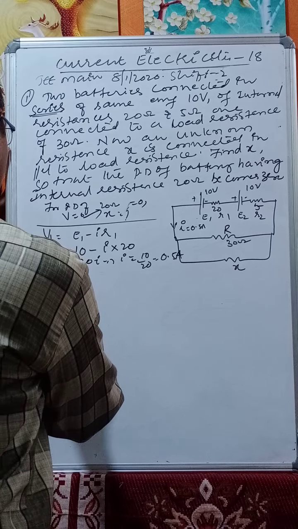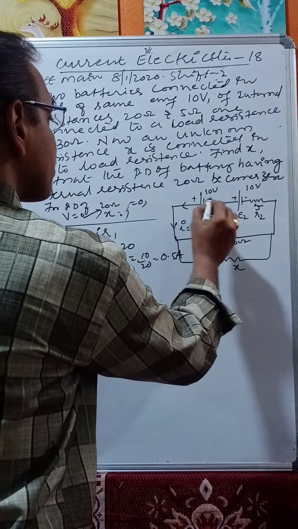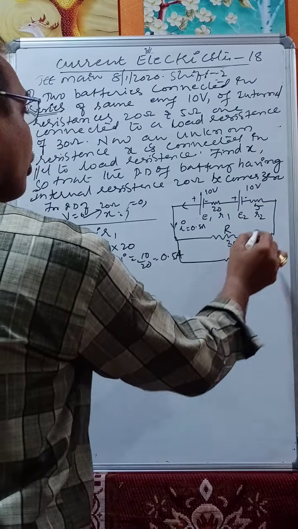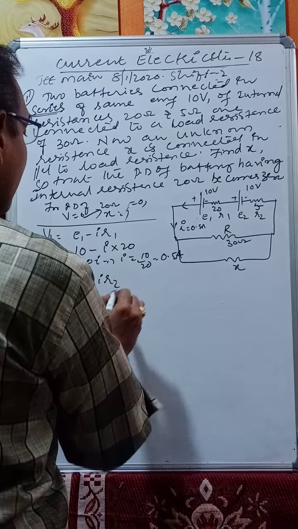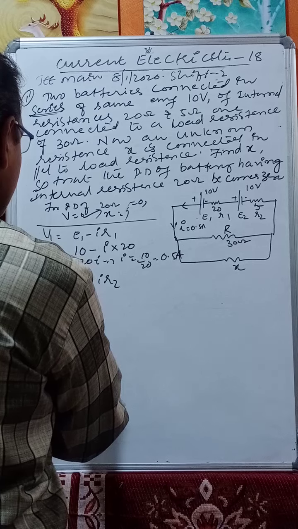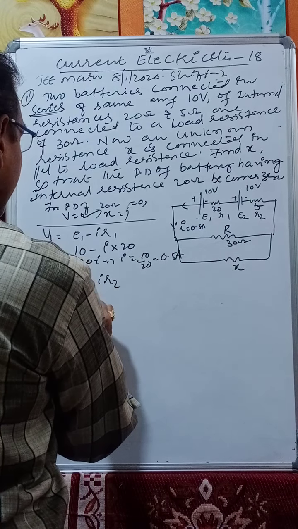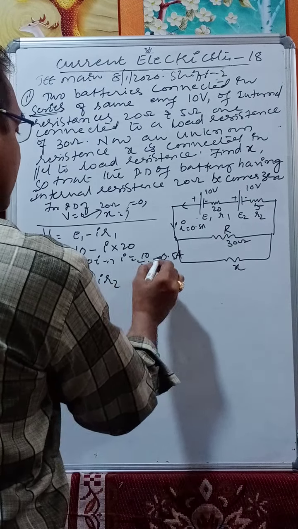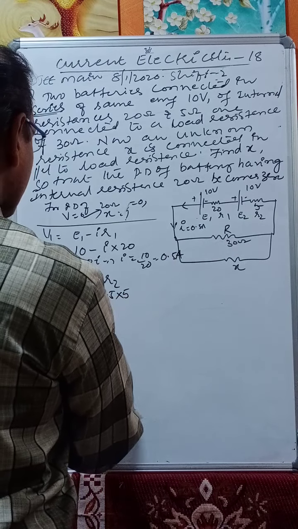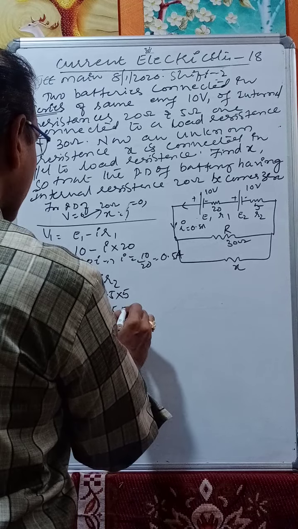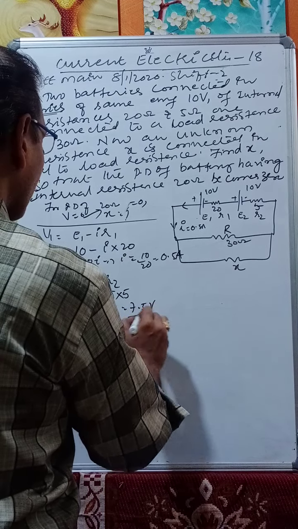Now, what is V2? The same current flows. Therefore, V2 is equal to E2 minus IR2. E2 is again 10 minus I, which is 0.5, into R2, which is 5. That is equal to 10 minus 2.5, that is 7.5 volts.